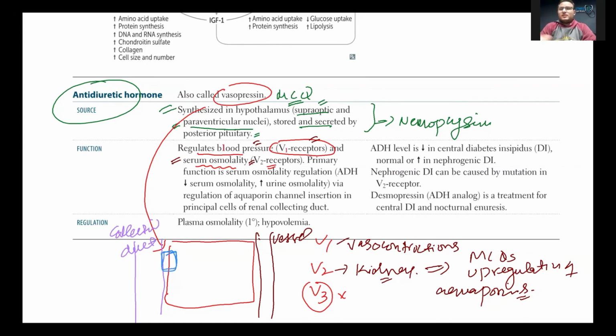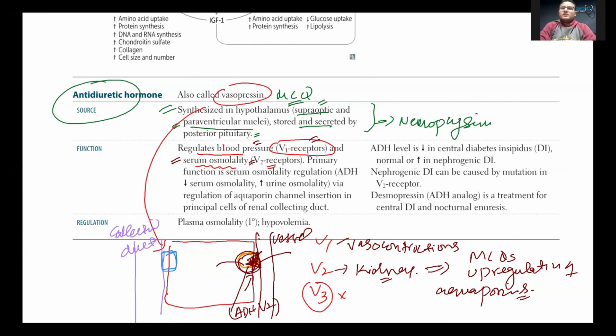Vasopressin acts on this side, the side near the vessel, where the ADH V2 receptors are. ADH will come and attach at this site.